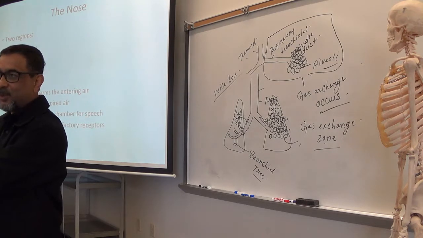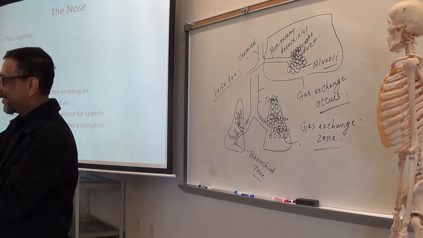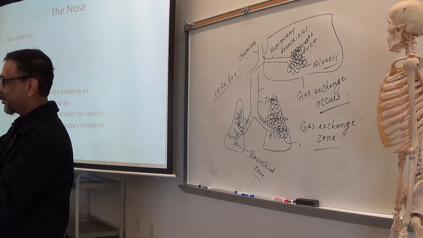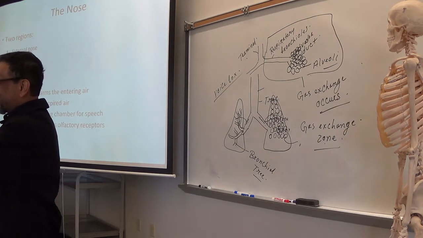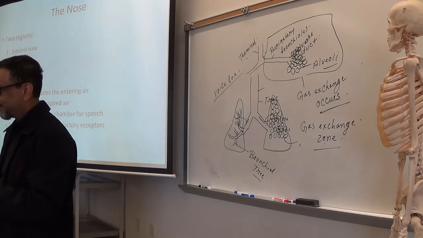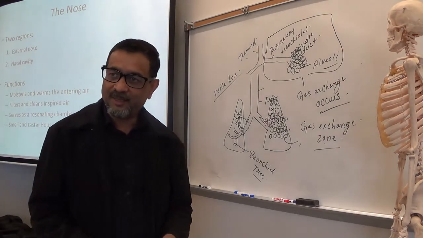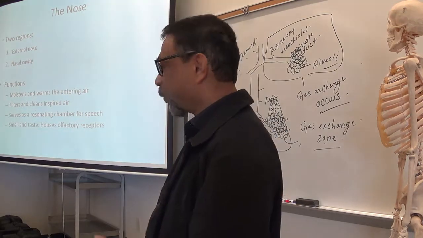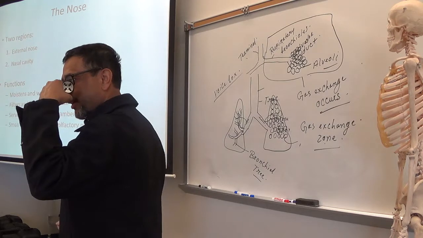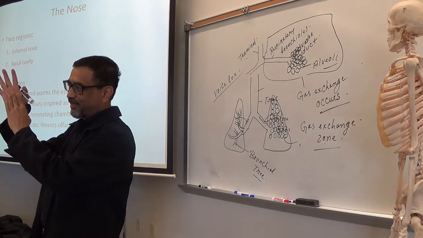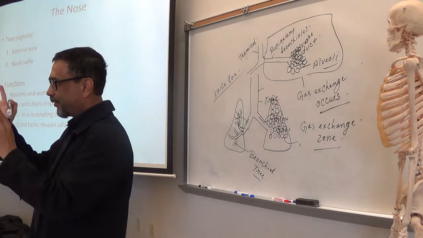So tiny dust that you don't see will get attached to the sticky surface of the nasal cavity. So the air gets cleaned by those two things: the hair, as well as the sticky surface of the nasal cavity. Is it clear? Mucus.